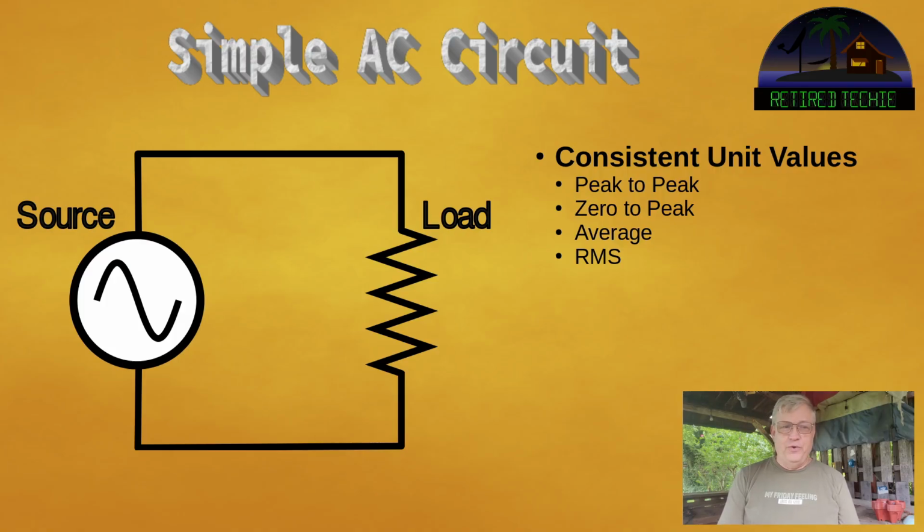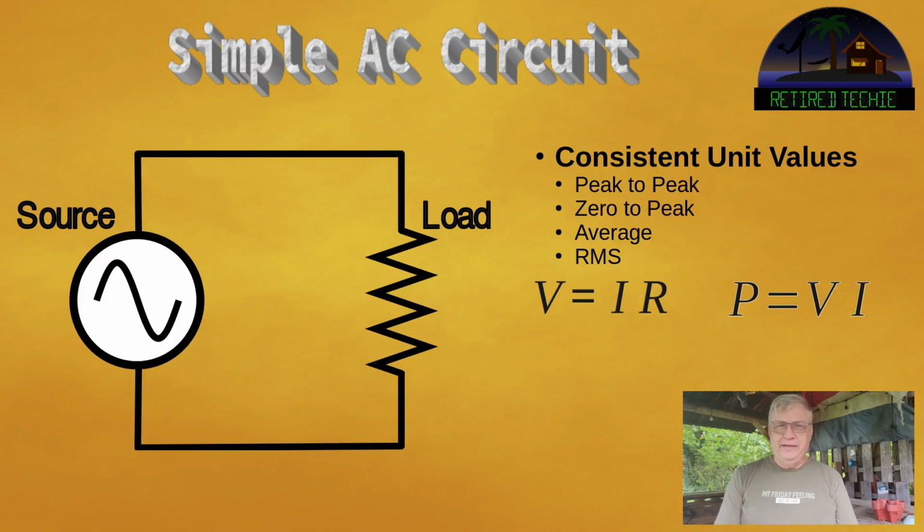You cannot use current at peak to peak and voltage at RMS, or current at average, voltage at RMS, any of that. It has to be, if it's current RMS, voltage RMS, power RMS. So you need to be using the correct terminology, the correct factor through your whole equation.